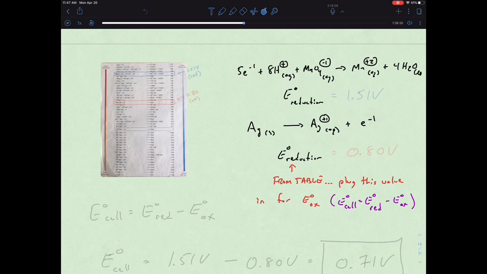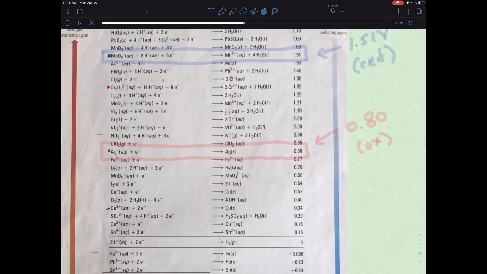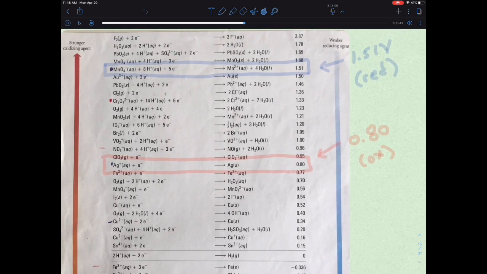So if we go to our table and expand, there is our one reaction at the very top here. We have the manganate going to manganese plus 2, and that is 1.51 volts.